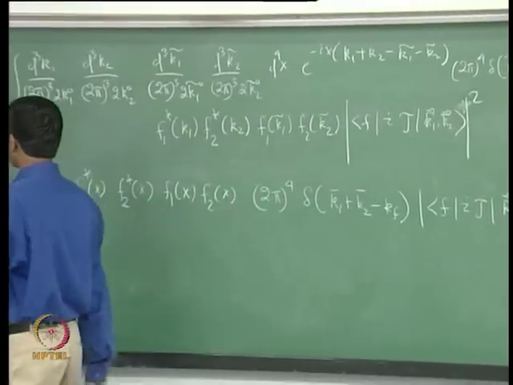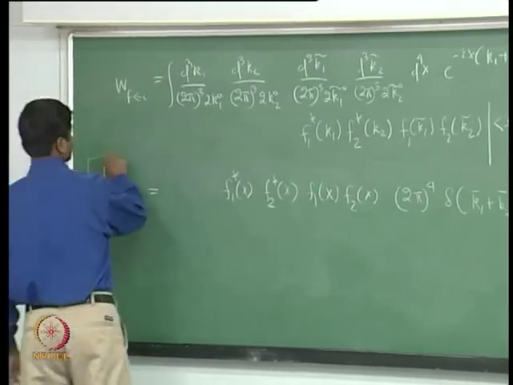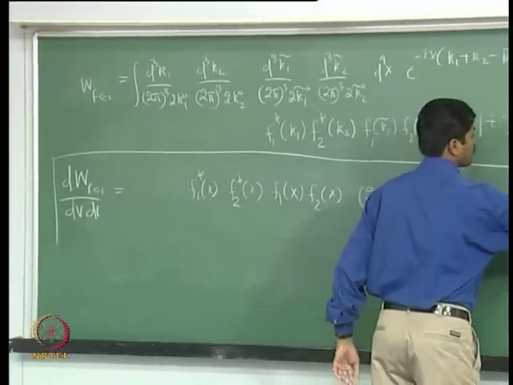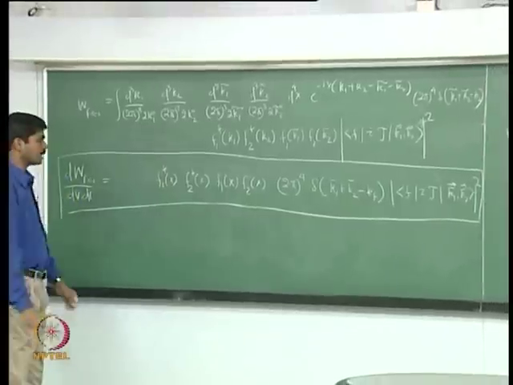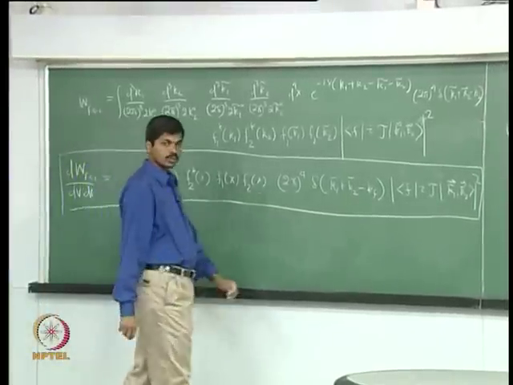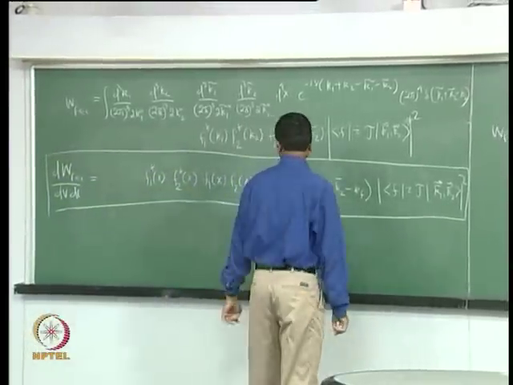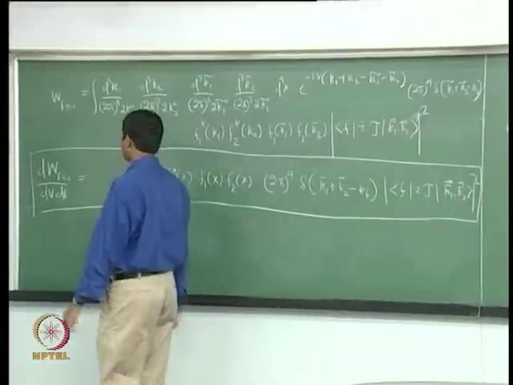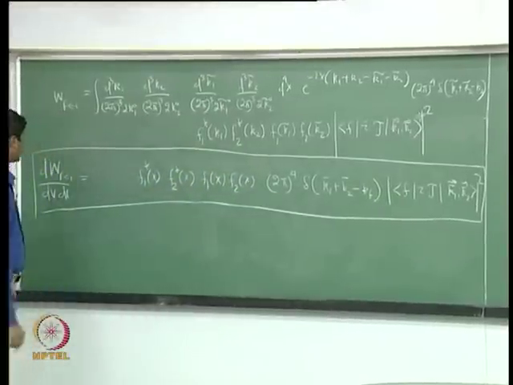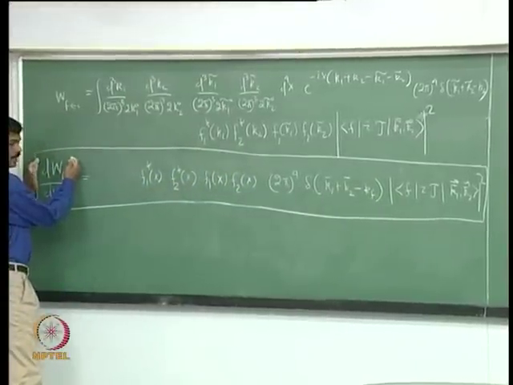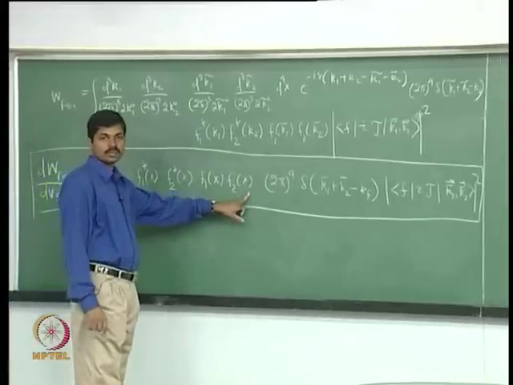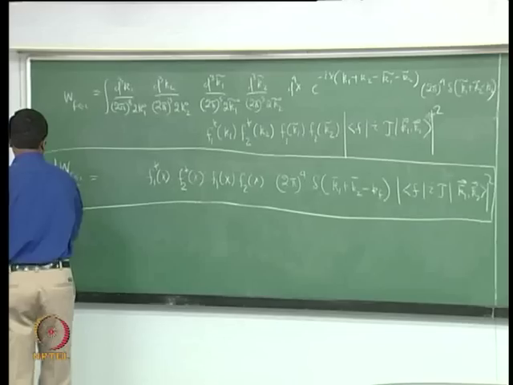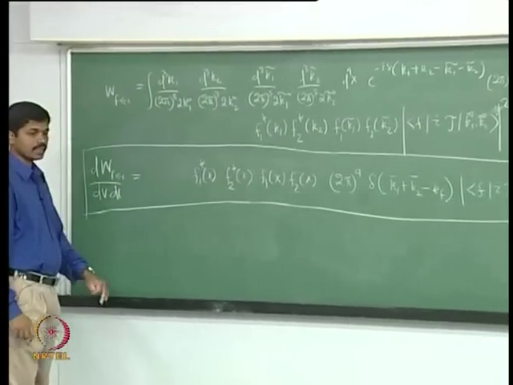So what we have derived here is the transition probability per unit volume per unit time. We need to find the scattering cross section, which is basically this quantity divided by the incident flux when you have a single scattering center.